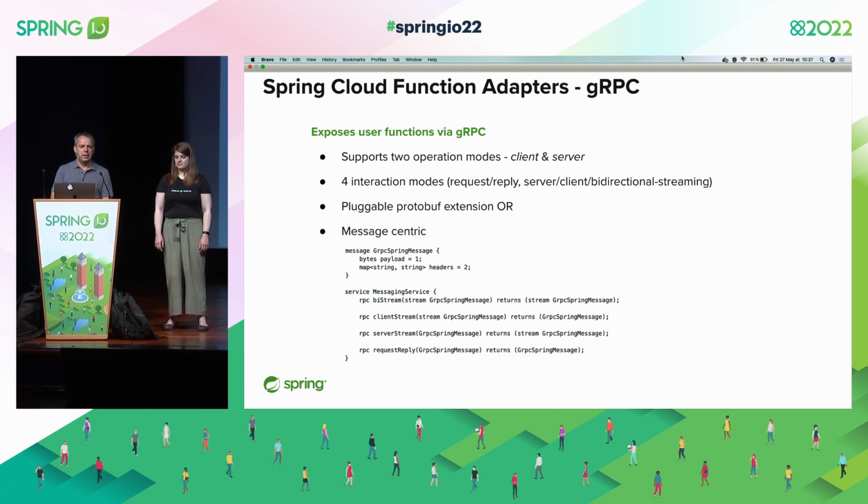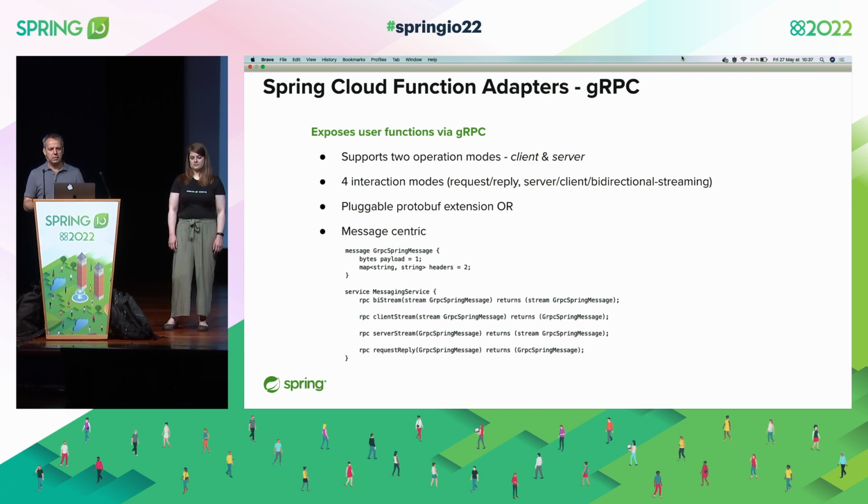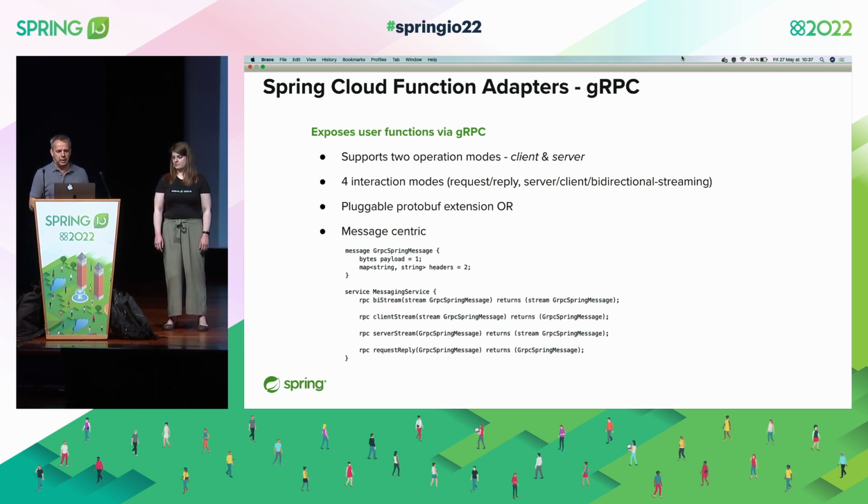So what we did is say, listen, if you embrace this notion of a message, then you don't need to generate and regenerate the protobufs. We already provide the service for you as well as the protobuf, which you see on the screen. We call it gRPC Spring message, but it's really a structure that represents a message, which has two fields, payload and headers.